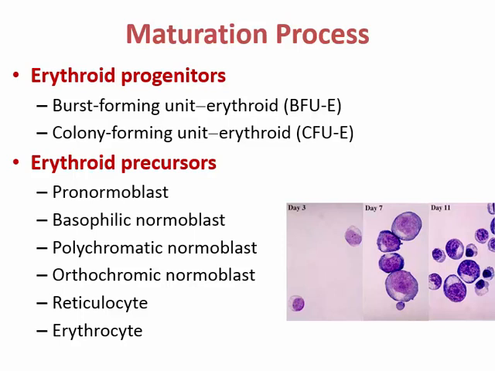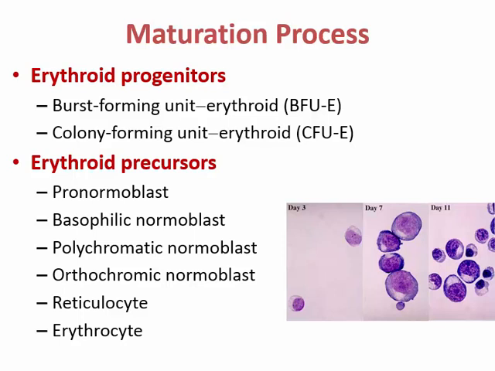When it goes to the marrow, it's going to develop burst forming units, BFUs, burst forming units. What do they look like? A cluster of grapes, that's what they look like. You cannot identify them as anything. Nobody's going to be able to look at this on the microscope and tell you what they are, what they're going to become.